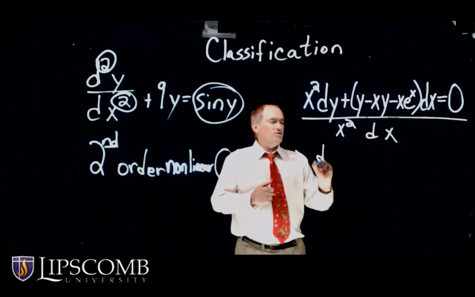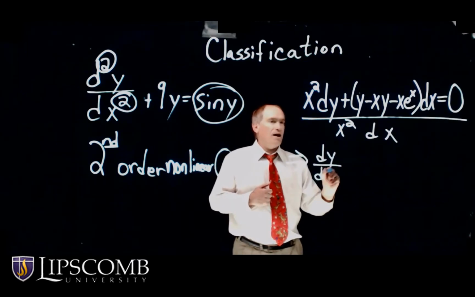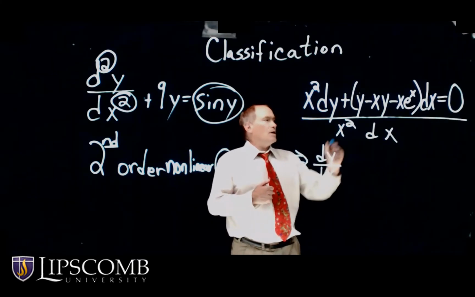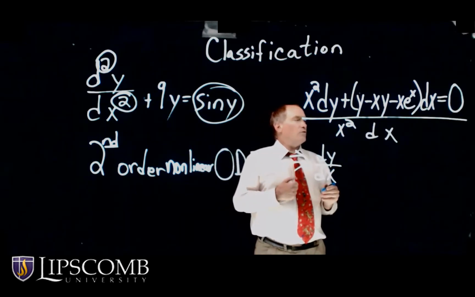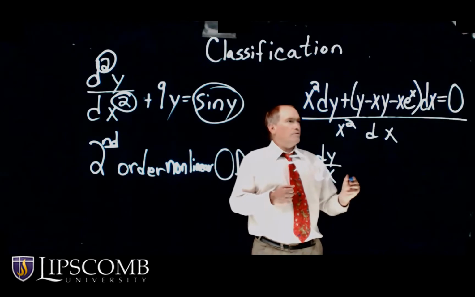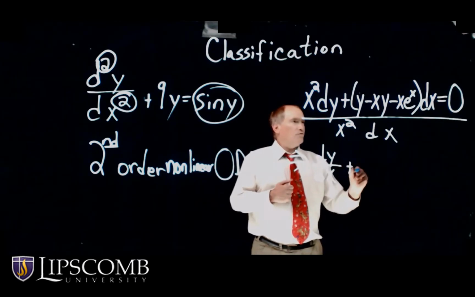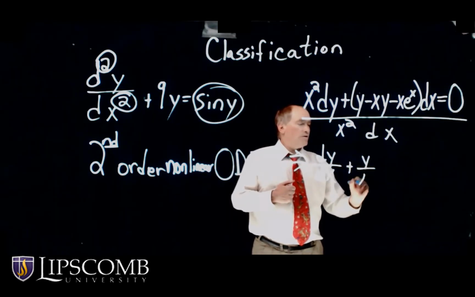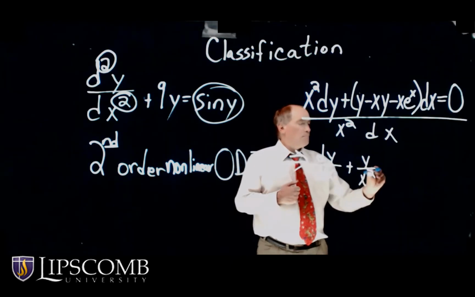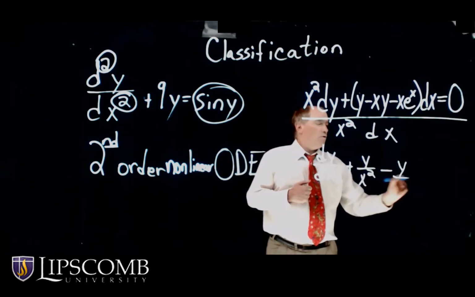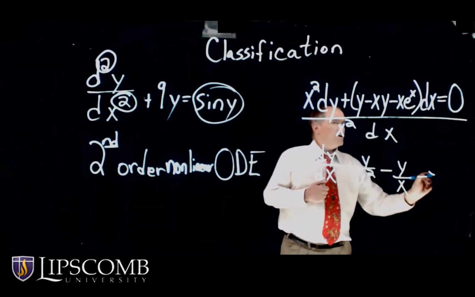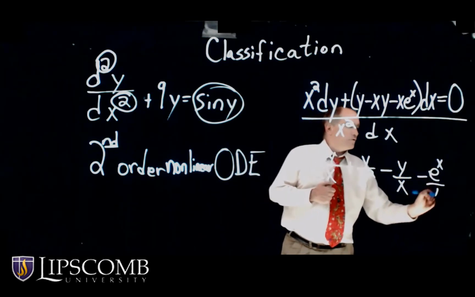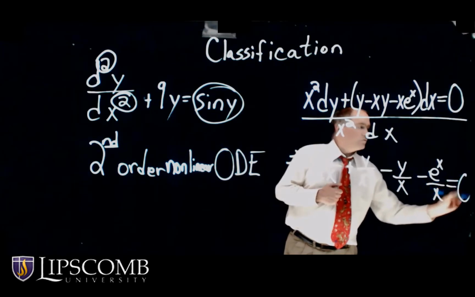I get dy/dx, and then the dx over here will cancel. And so I'm going to end up with plus y over x squared minus y over x minus e to the x over x equal to 0.